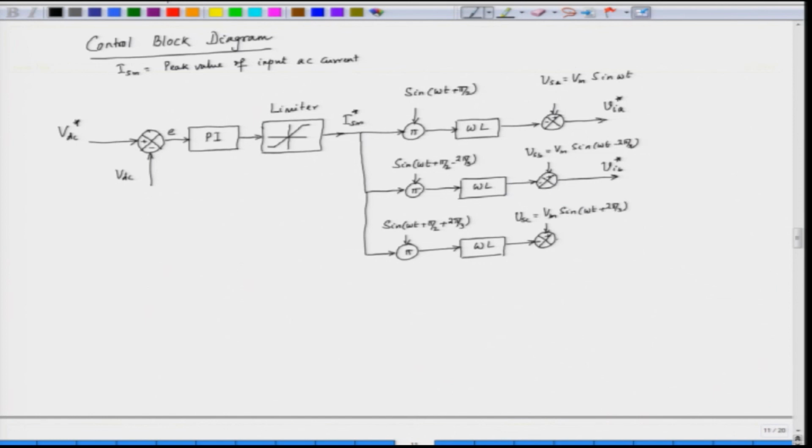Out of the subtractor we get the reference for phase C, which is VIC. So, VIA, VIB and VIC are the references for the 3 different legs of the inverter. The inverter can be operated with a sine triangle PWM.